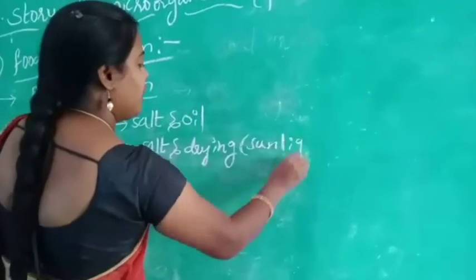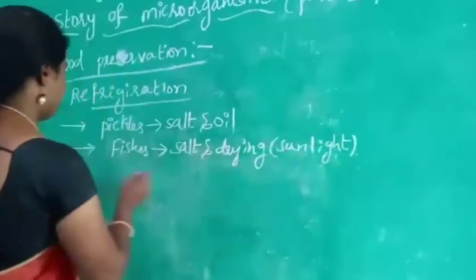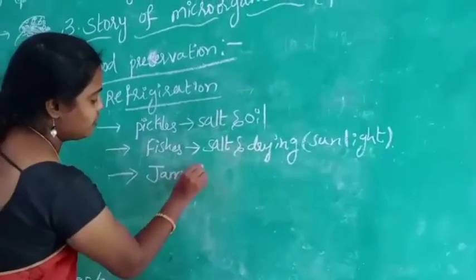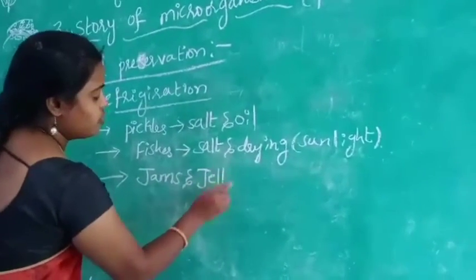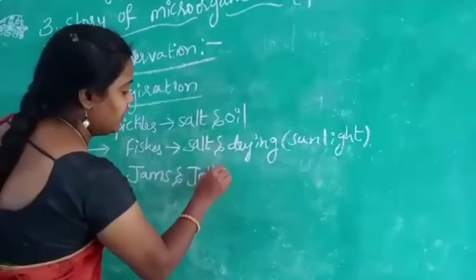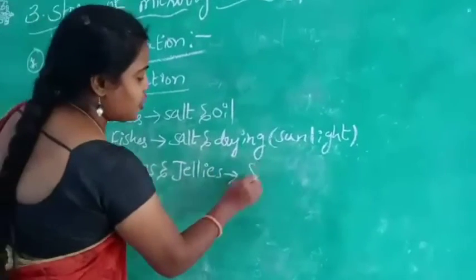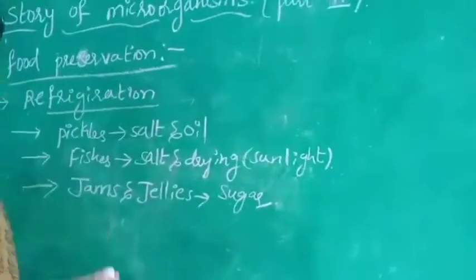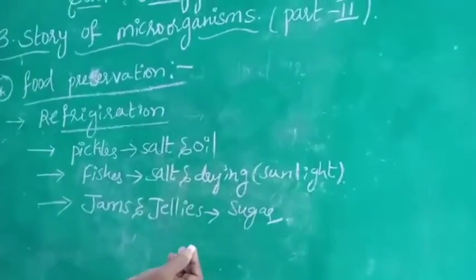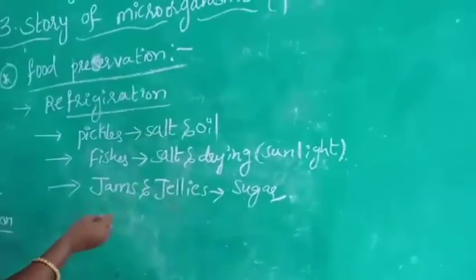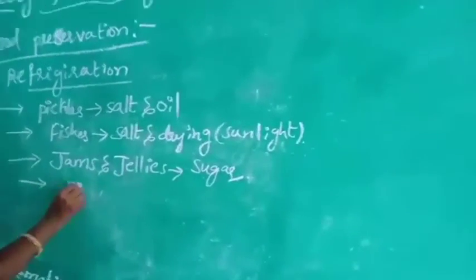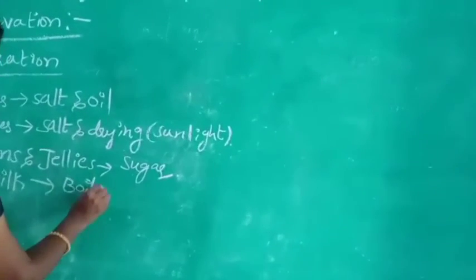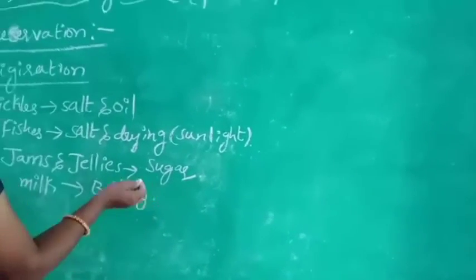Next, we can preserve jams and jellies by adding sugar after boiling fruit juices. And we can preserve milk after boiling.